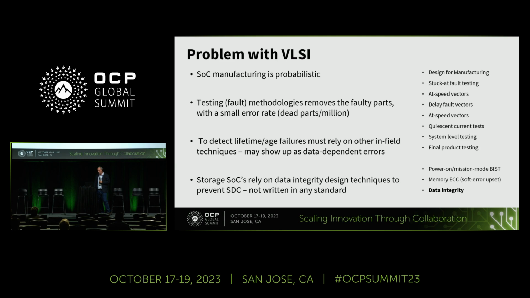At some point, the last thing on the list is called data integrity. This is where we add transistors to protect our data paths. It's a light protection. It may be ECC, especially for memory, which is very sensitive. But even on the hardware data path, we'll add essentially parity to protect against data corruption events.